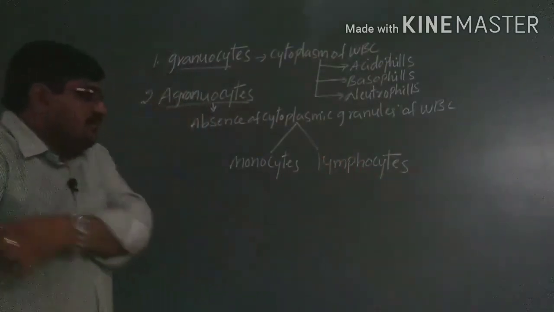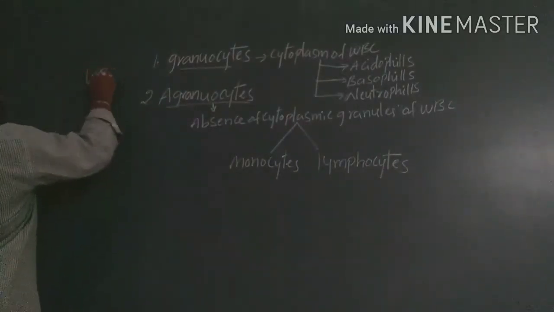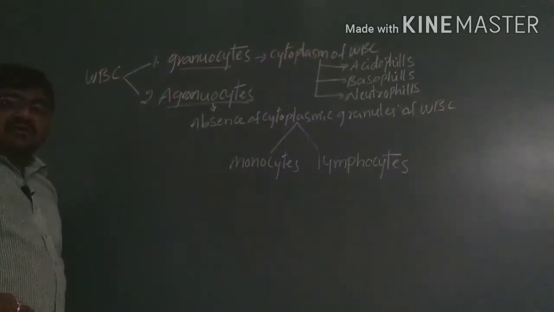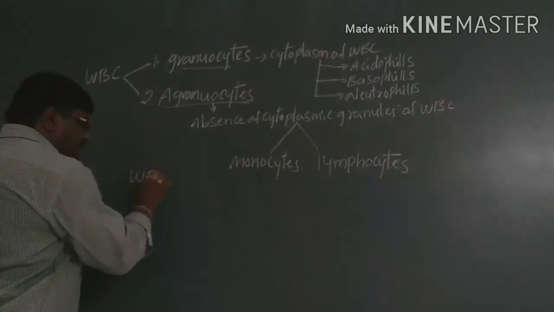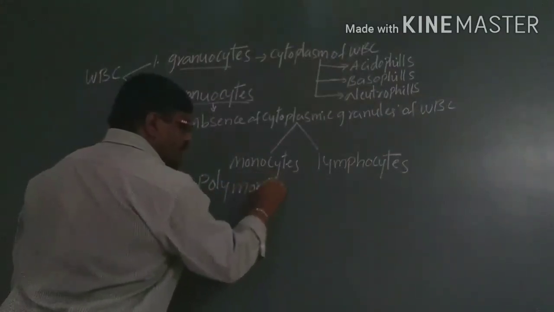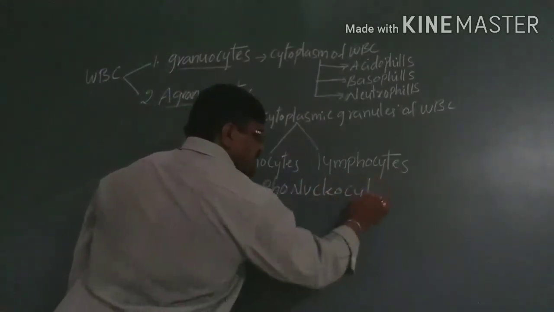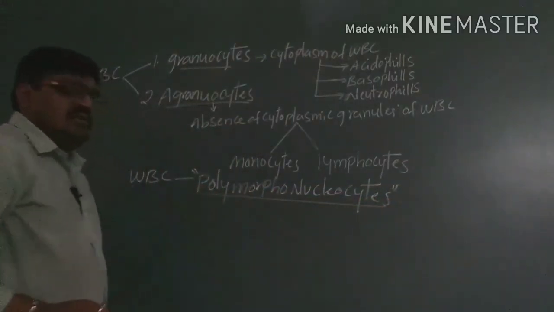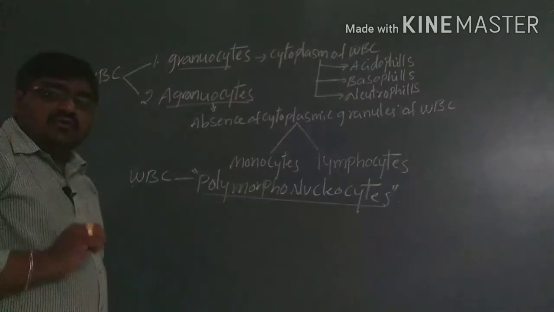So the total WBC, either granulocytes or agranulocytes, we call polymorphonuclear cells. Why is the WBC called polymorphonuclear?